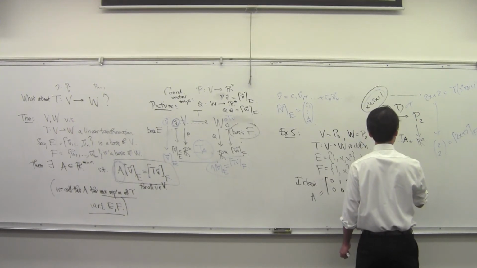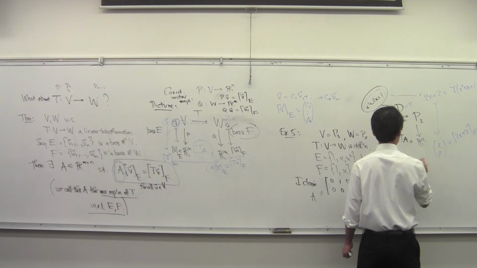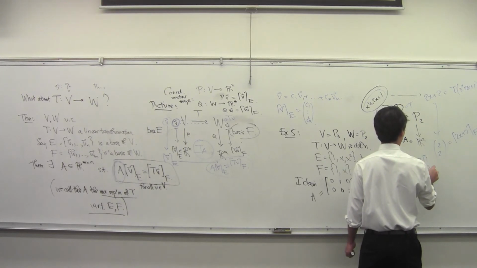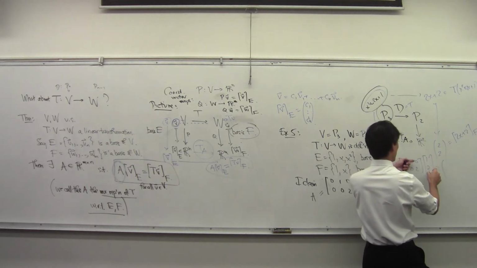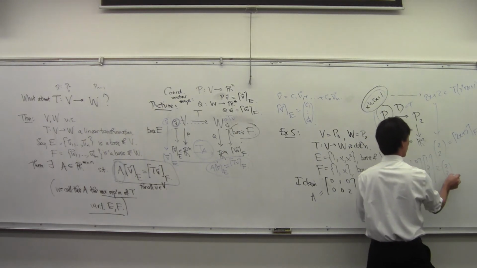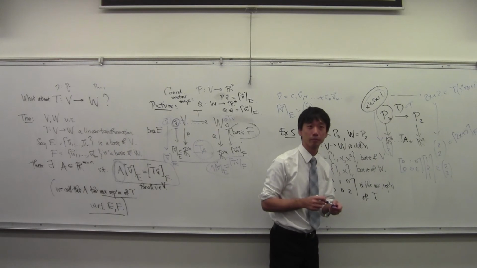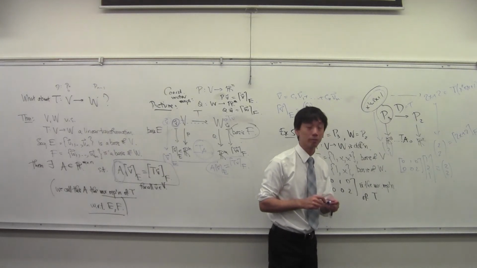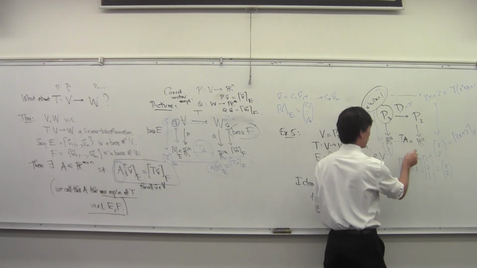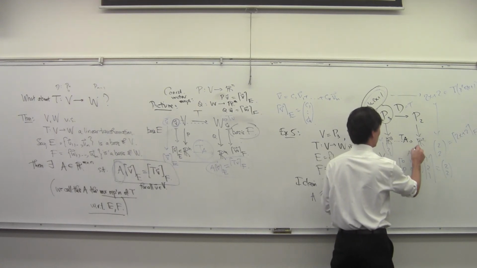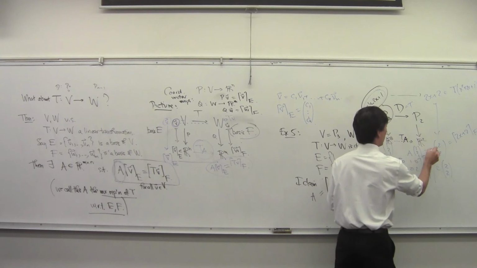If I take the matrix 0, 1, 0, 0, 0, 2 times 1, 2, 1, what do I get? I get 2, 2.